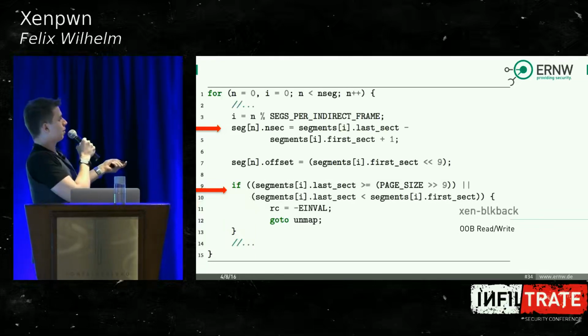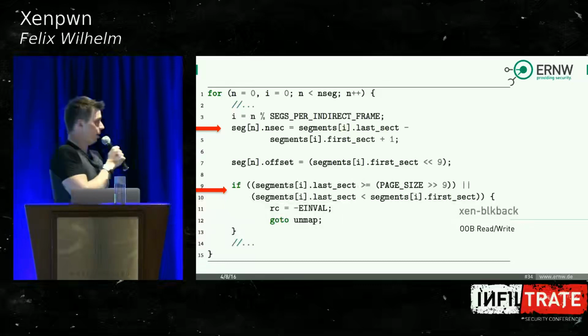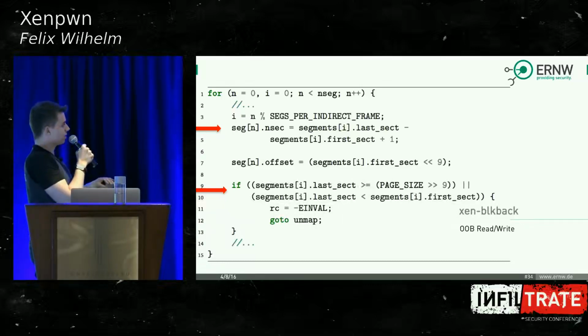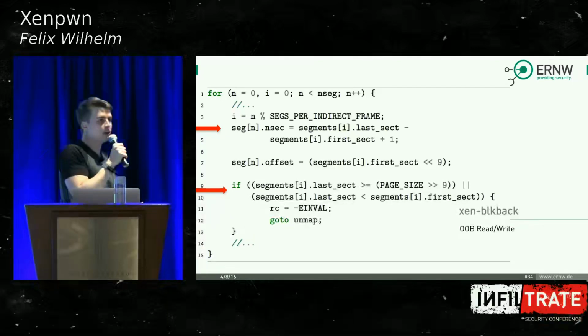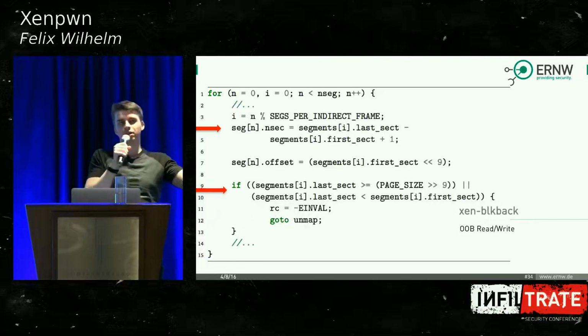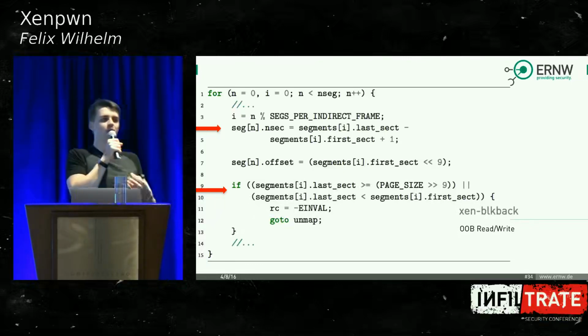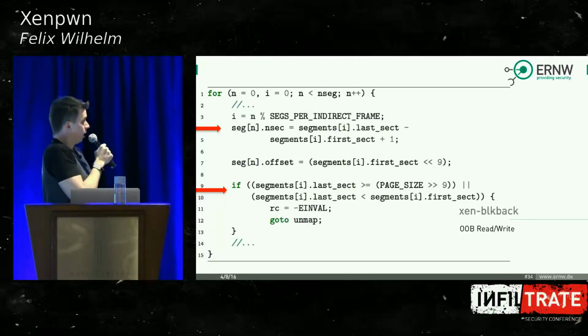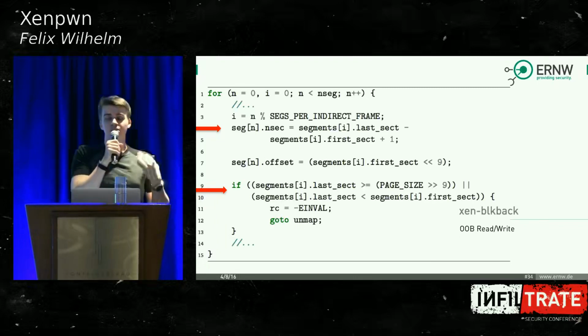And they calculate the number of sectors over here. And after they calculated it, they access the memory a second time, this last sector and first sector variable, to check that the number of sectors you're actually accessing doesn't need more than a single memory page of space. Because all the other code expects this request to only require so many sectors that they still fit into a single memory page.